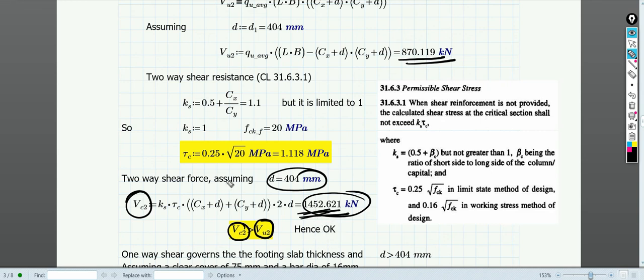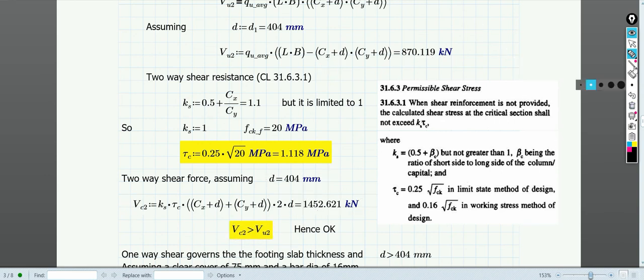So it is okay. You can see that in certain cases punching may be predominant, but in most of the cases you might find that one-way shear is governing the depth. Whatever depth we have found from one-way shear has been taken for calculation for the two-way shear, and it has been found that the strength is more than the punching force that is coming.